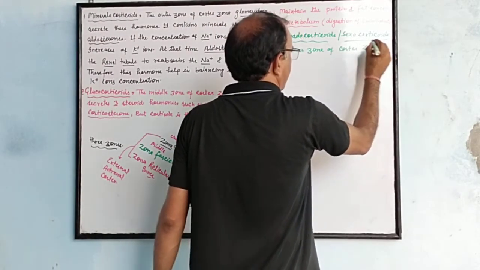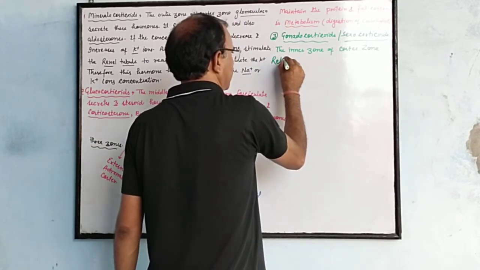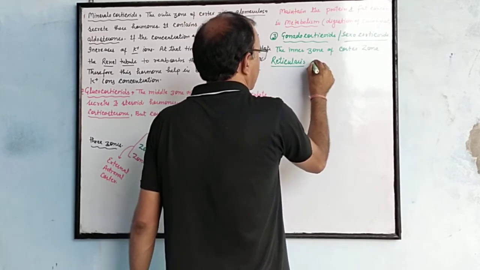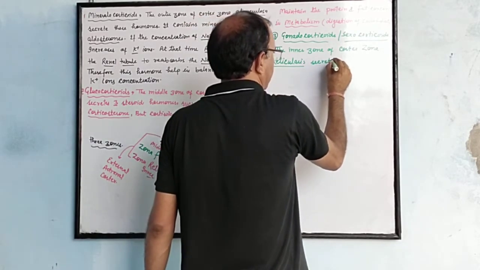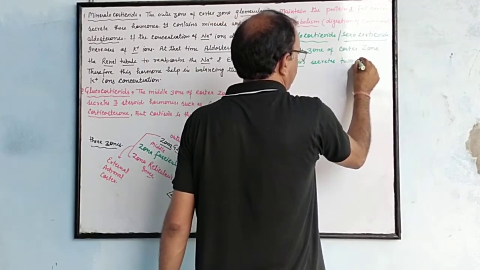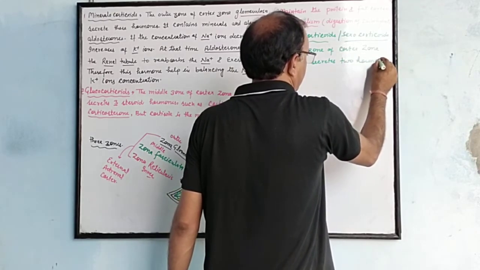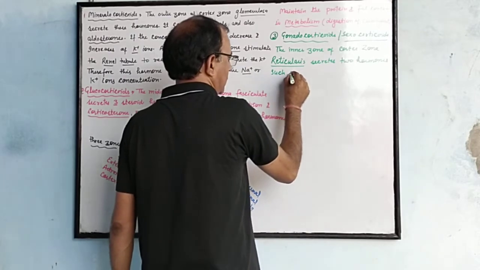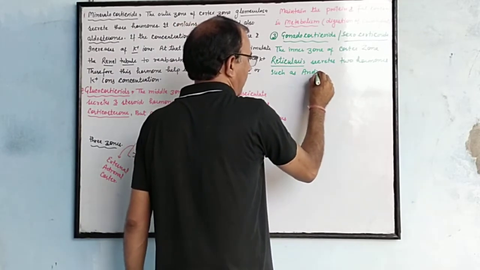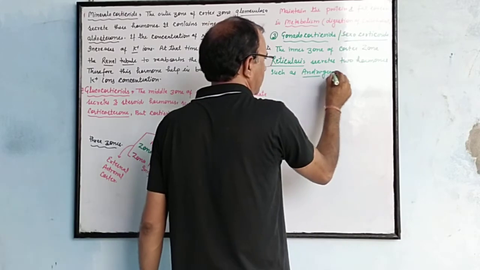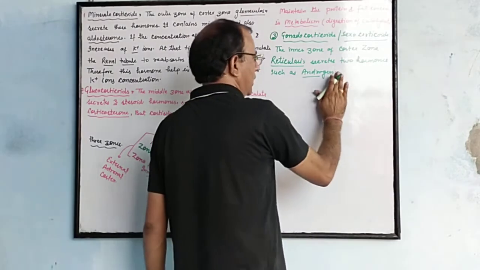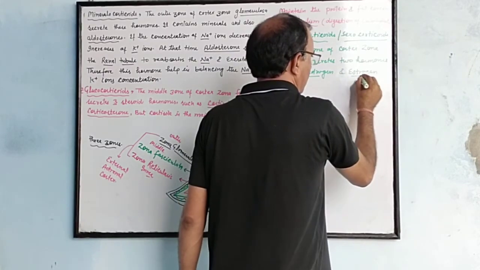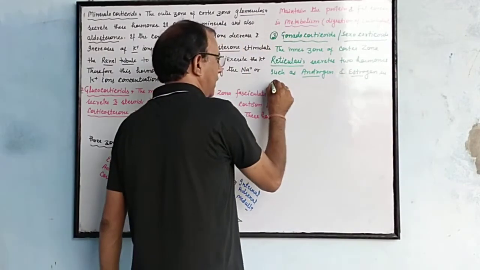Zona reticularis secretes two hormones: androgen in males, and estrogen in less quantity.